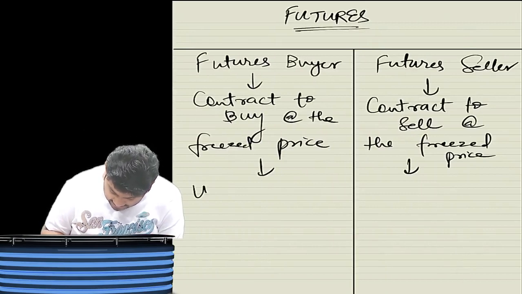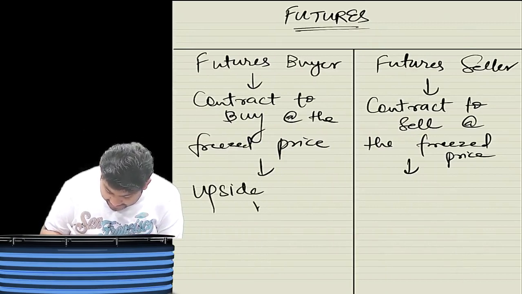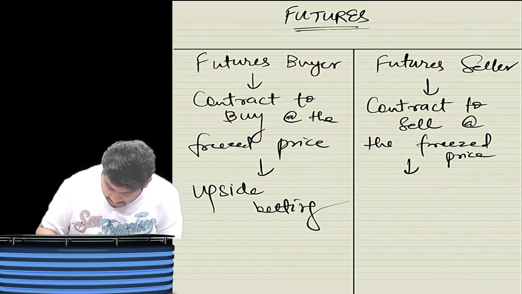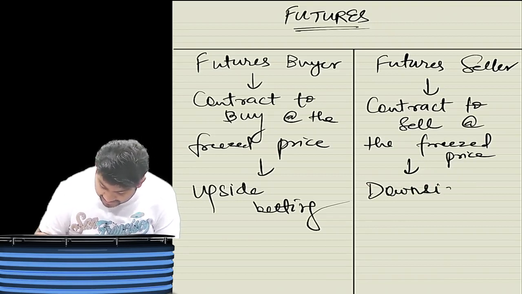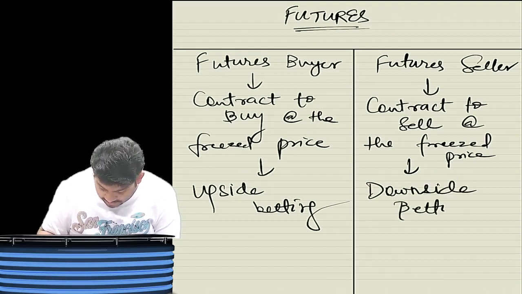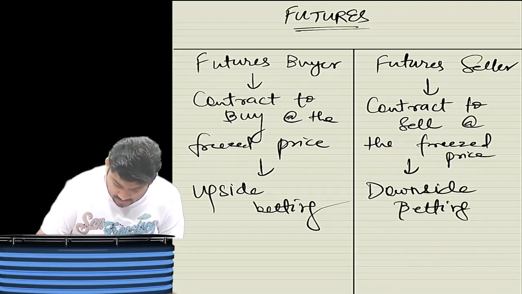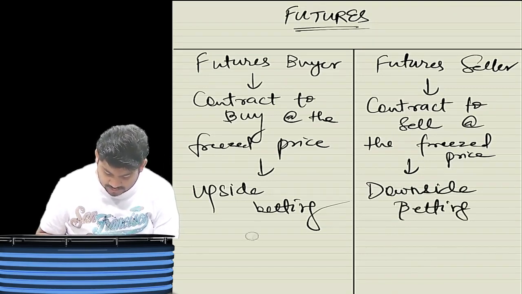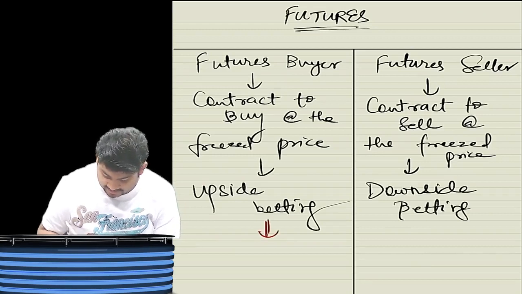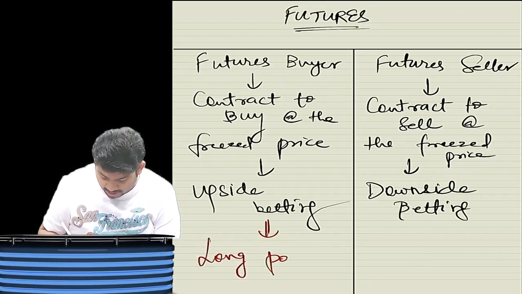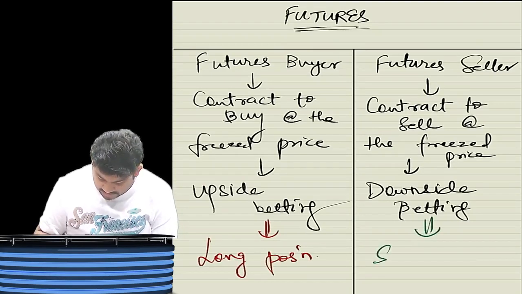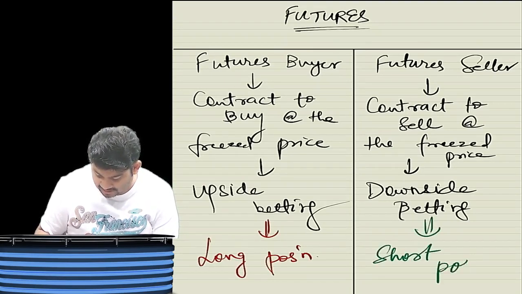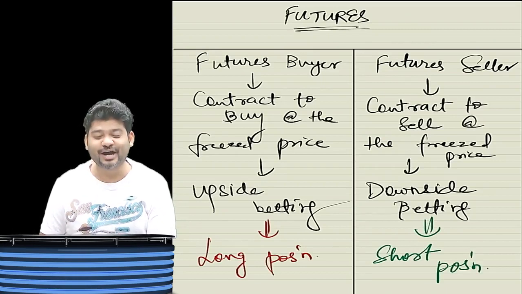So this is basically upside betting. But in case of a seller, this is downside betting. This, ladies and gentlemen, is a long position. This basically is a short position.